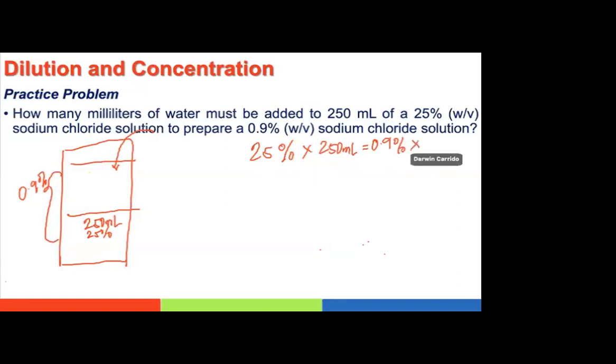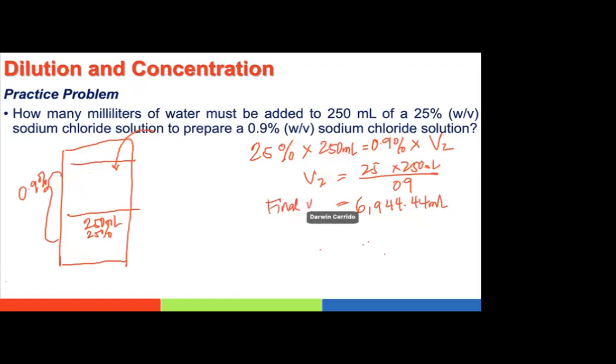Binigay ba yung final volume? Hindi. Sige, yun ang i-complete natin. B2 is equal to 25 times 250 ml divided by 0.9. What's the answer? 6,944, sir. Okay. 6,944.44 ml.